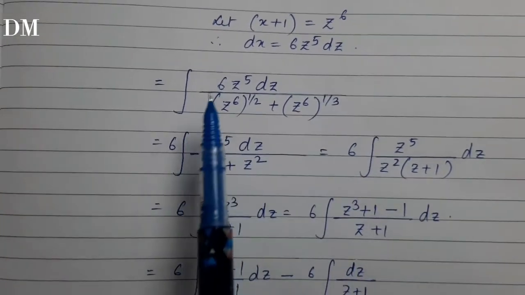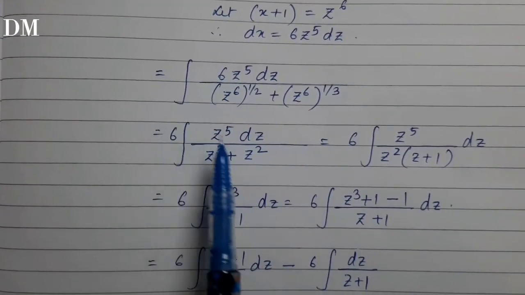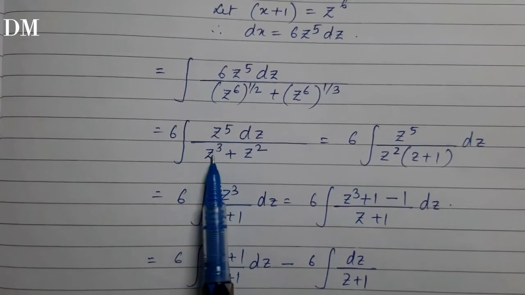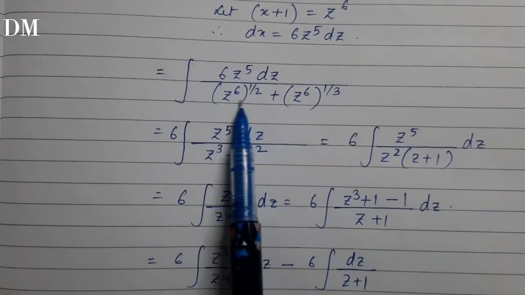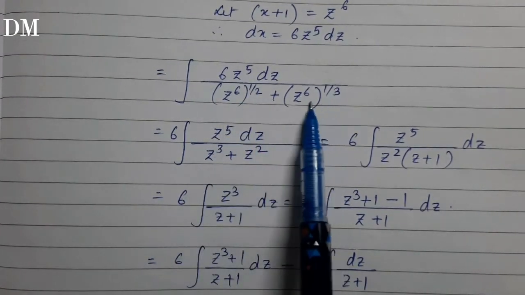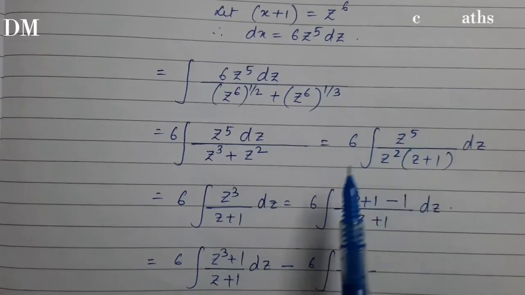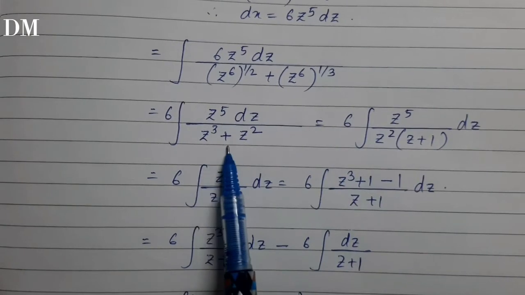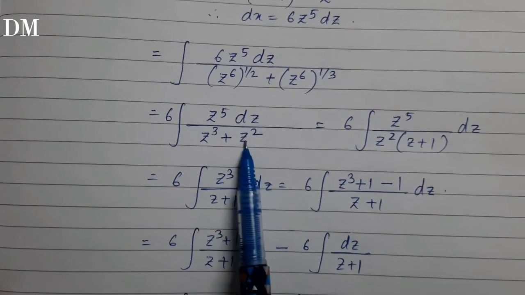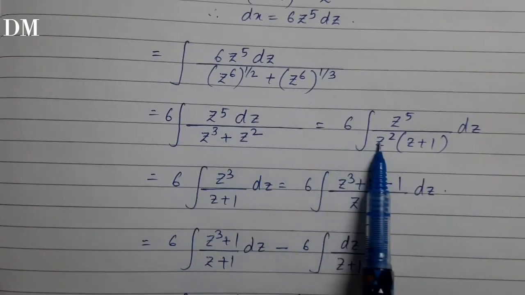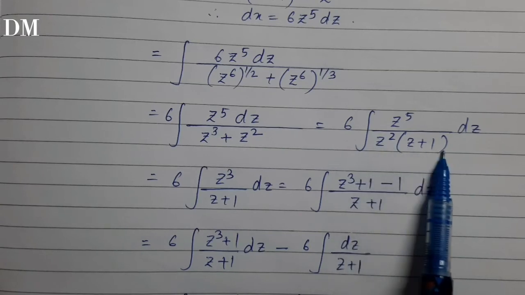So we can write this 6 outside and it will be z to the power 5 by, if I evaluate, z cube, and if we evaluate this it will be z square. Now what we can do is take common z square, so it will be z plus 1 in the denominator.